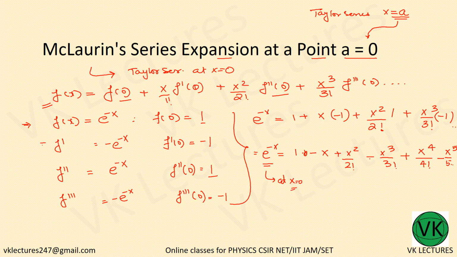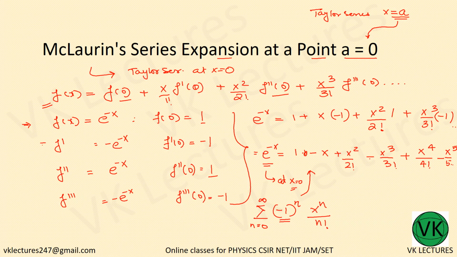This is Maclaurin's series. Simply we can write it as sum over n equal to 0 to infinity, because it is an infinite series, minus 1 whole to the power n, x to the power n divided by n factorial. Now why is this minus 1 whole to the power n? Because you have alternate minus and plus.